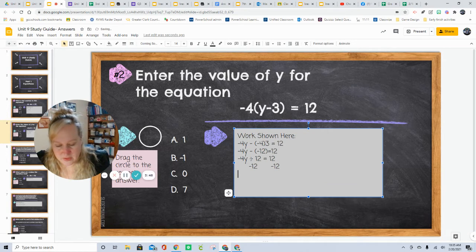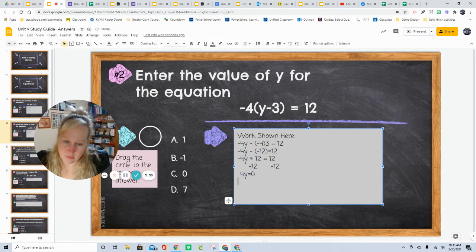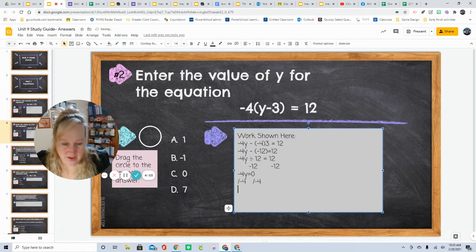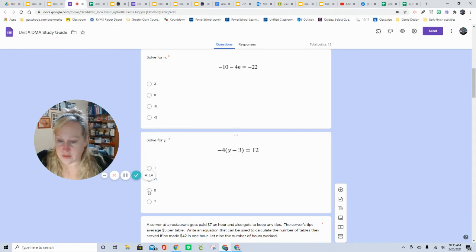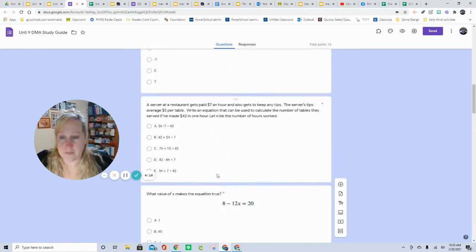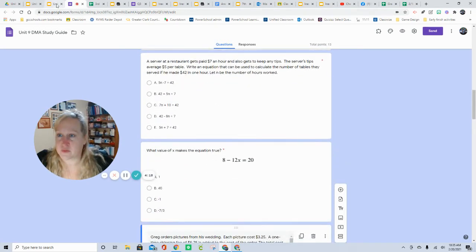And I'm left with negative 4y equals 12 minus 12 is 0. Well, I can already guess that my answer is 0. Divide by negative 4 on this side, 0 divided by negative 4 on this side. So my answer is y equals 0. So you'll drag your little circle to here. If you are doing this, you'll be clicking this button right here. Next problem is what you should see.